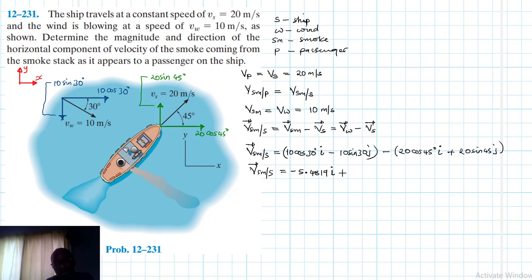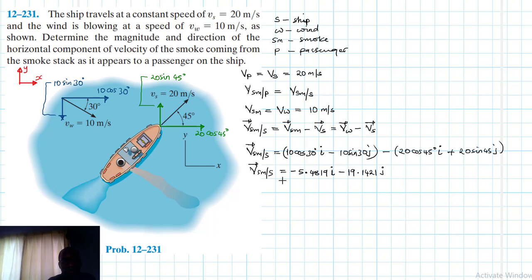And then we have minus 10 sine 30, which is just minus 5, and minus 20 sine 45. So we get a minus 19.1421 j. Okay, all right, so there we are.